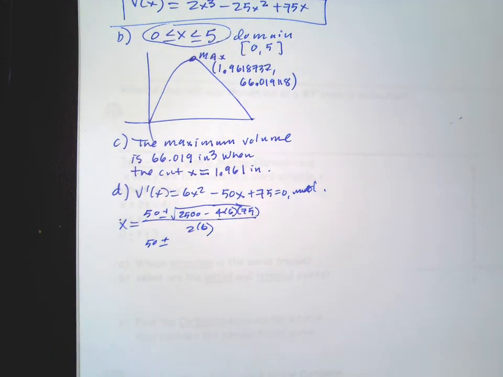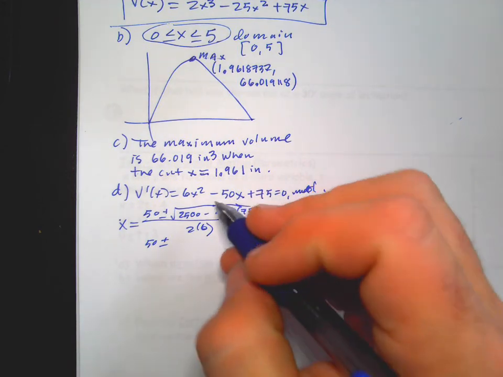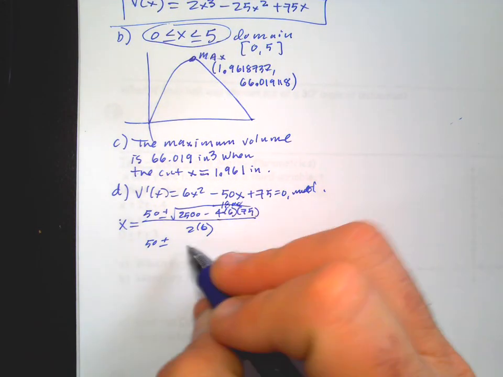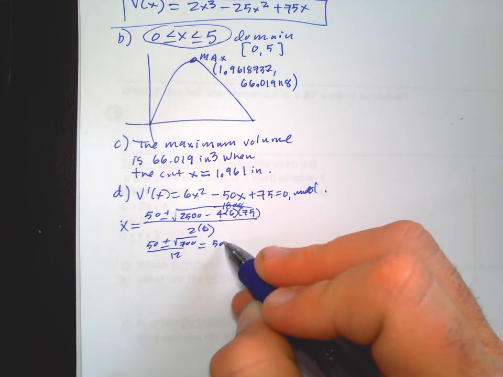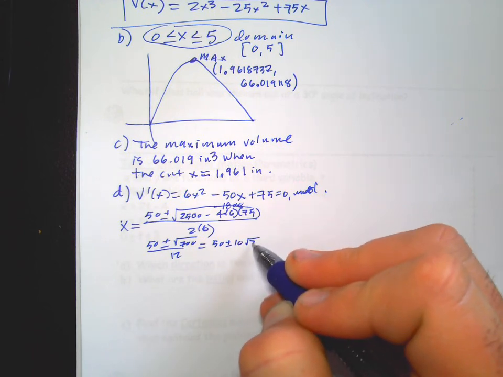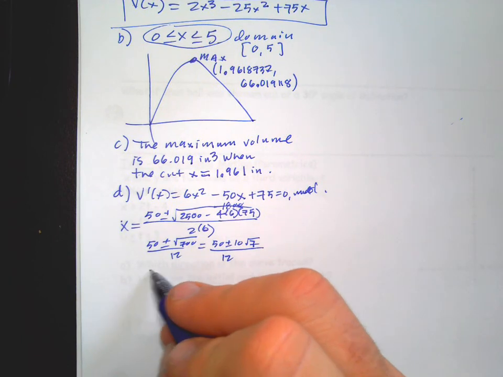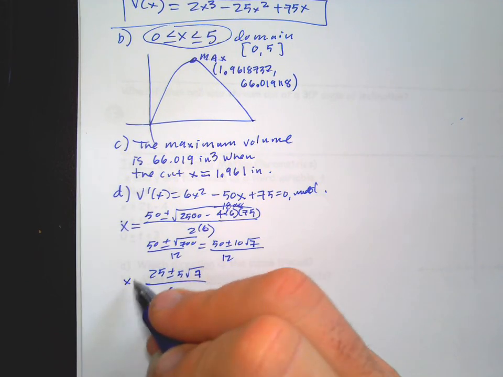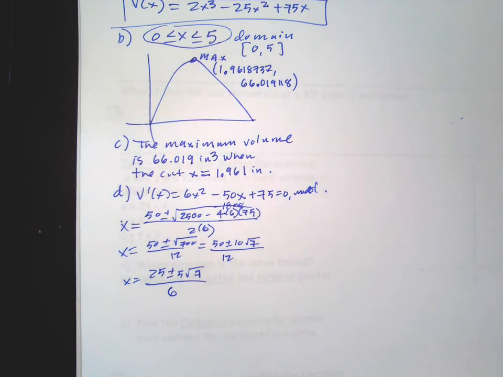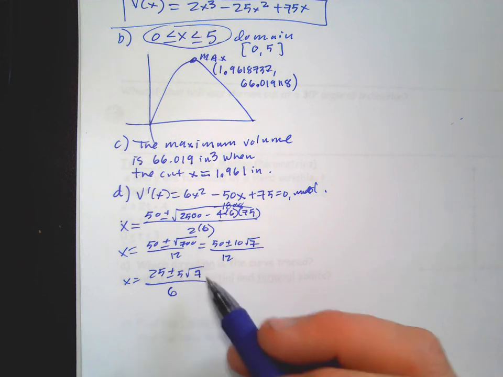So it's going to be 150, 300, 1800, 1800. So it's going to be square root of 700. So that's going to be 50 plus or minus 10 square root of 7. So we could take a 2 out, 25 plus or minus 5 root 7 over 6. But we don't want the negative one. This is larger.